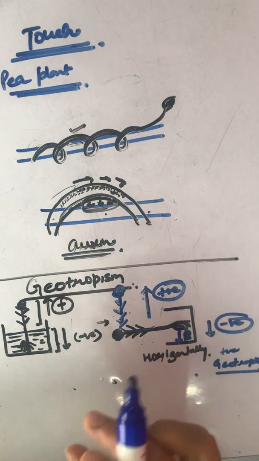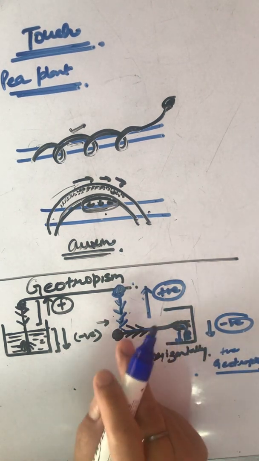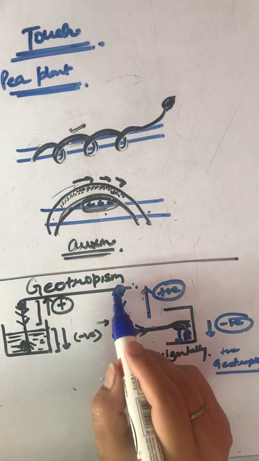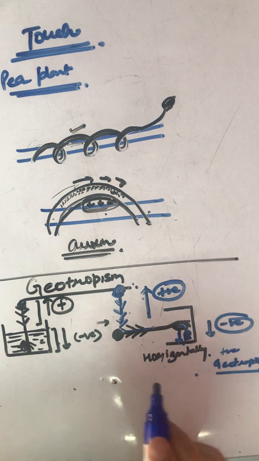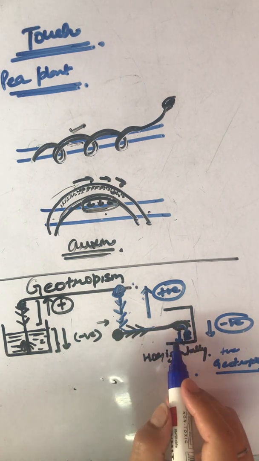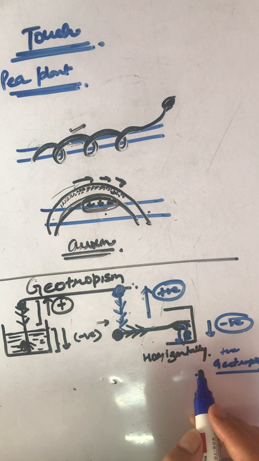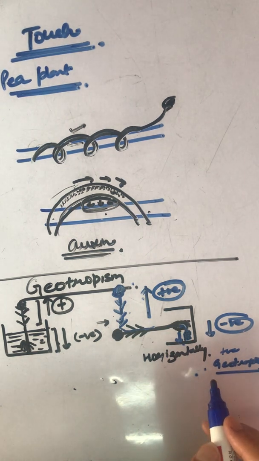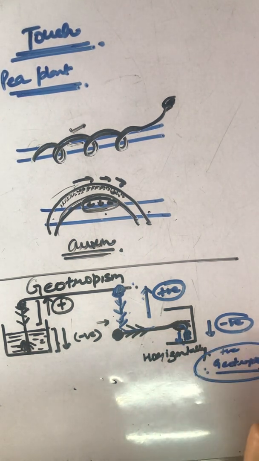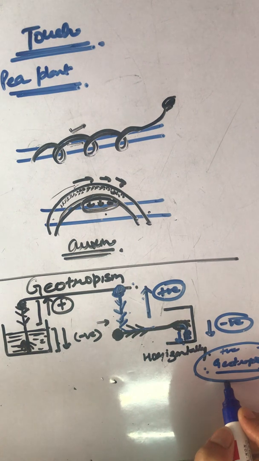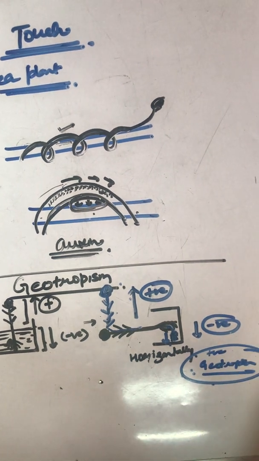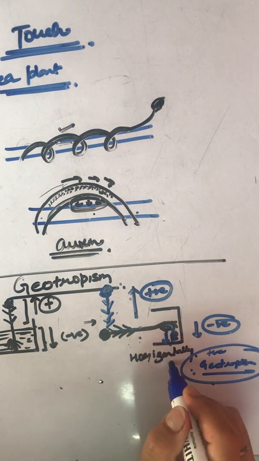And whenever we take out this plant from this glass jar, we observe this bending phenomenon. It is concluded that the root of the plant has bent downward towards the earth, showing positive geotropism. And the experiment confirms the response of plant parts towards gravity.